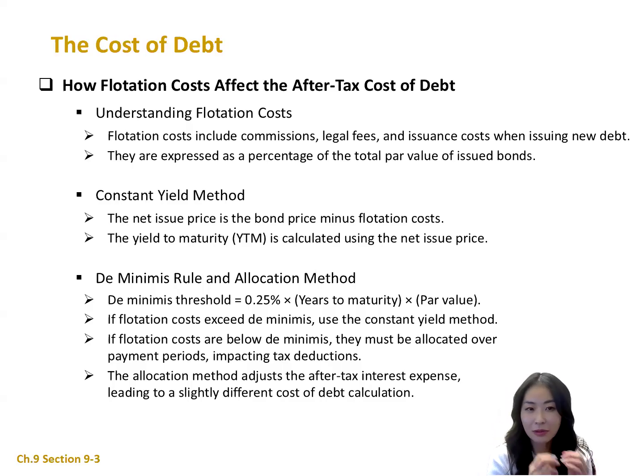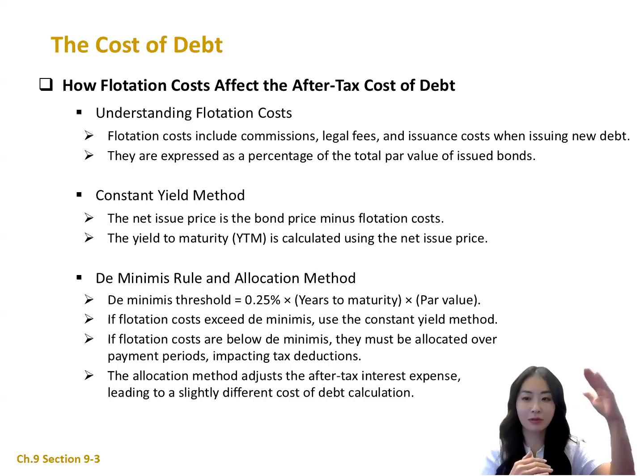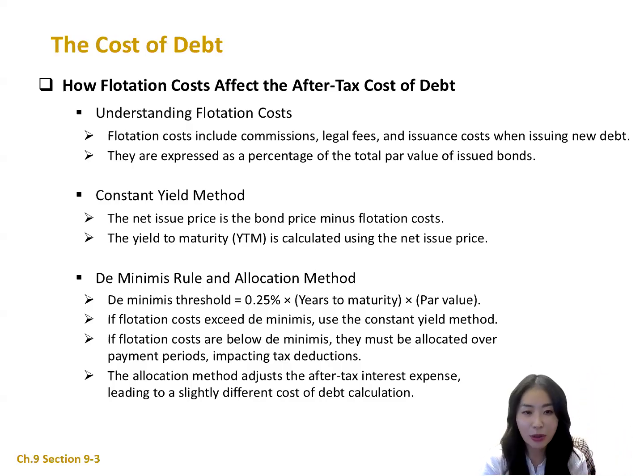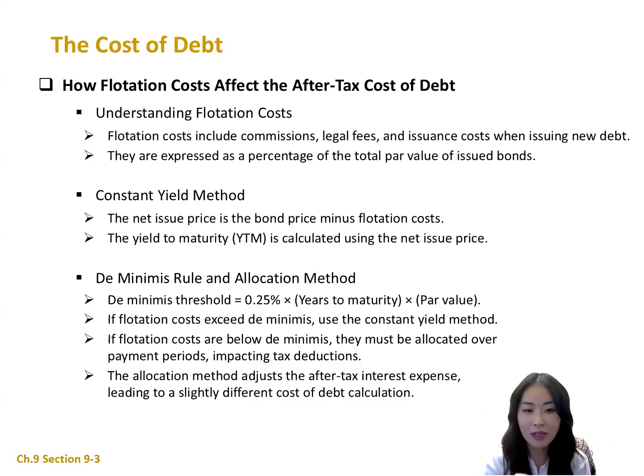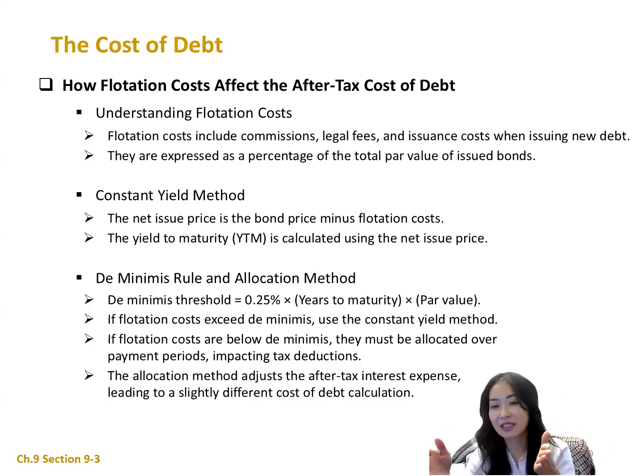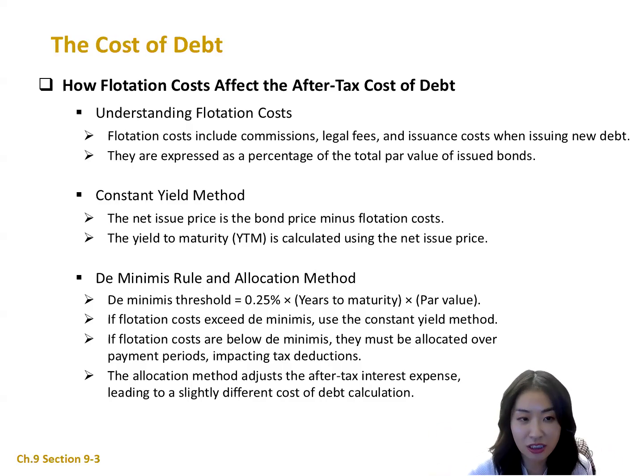The treatment of flotation cost depends on whether it is above or below the certain threshold, de minimis. If flotation cost exceeds de minimis, use the constant yield method. If flotation cost is below de minimis, it must be allocated over the payment period, which impacts the tax deductions.